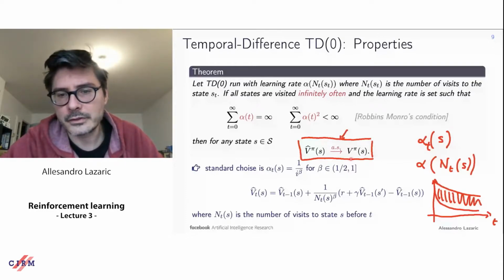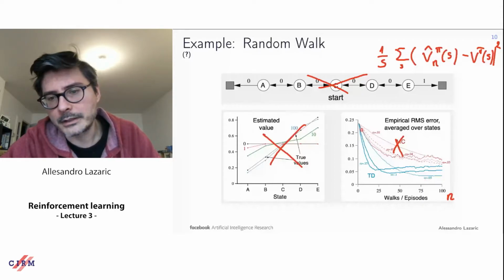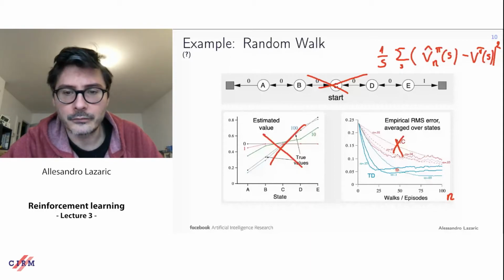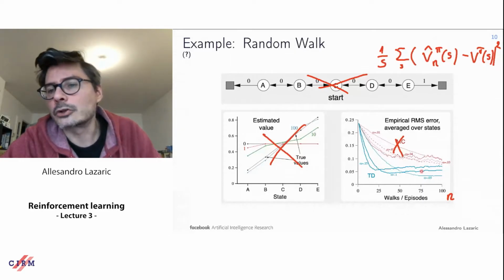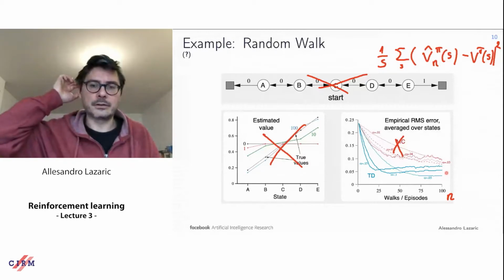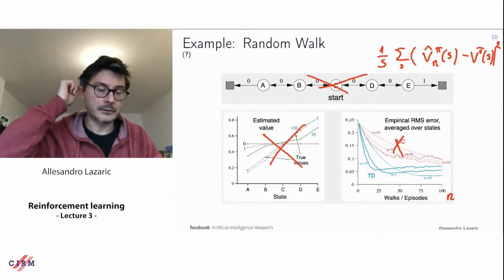But just for illustration, if you put a very slow learning rate like 0.05, you see that the error decreases slowly, but it goes down to a lower level than the one that you would have with a stronger learning rate like 0.1 or 0.15. Those tend to converge faster, but they would not converge to 0, because I have this constant learning rate which keeps perturbing my estimates.